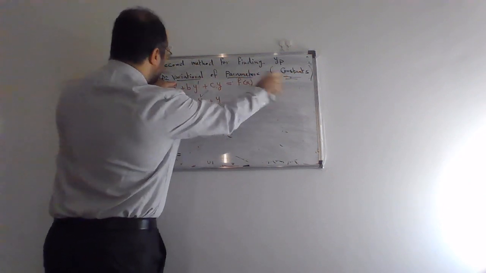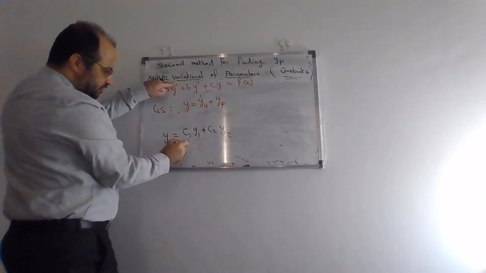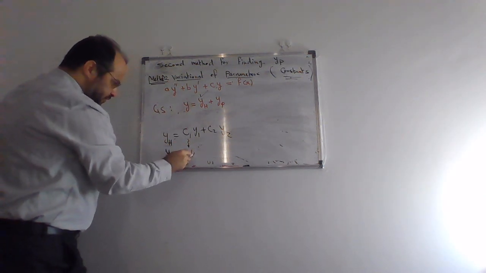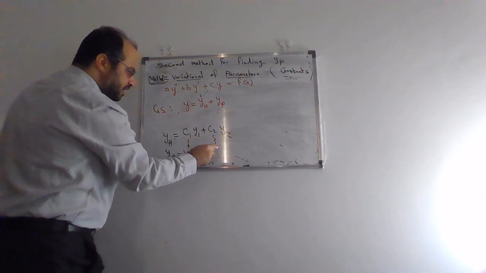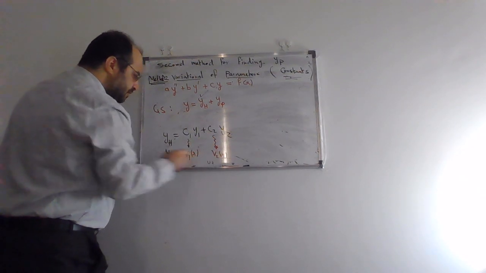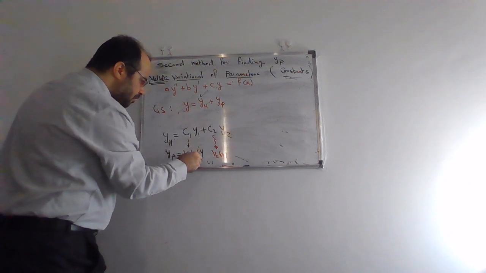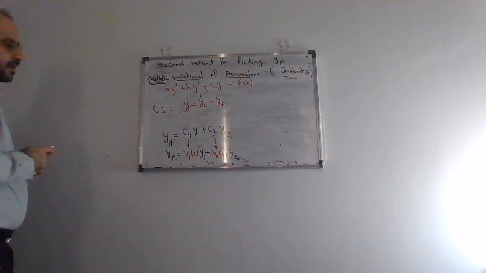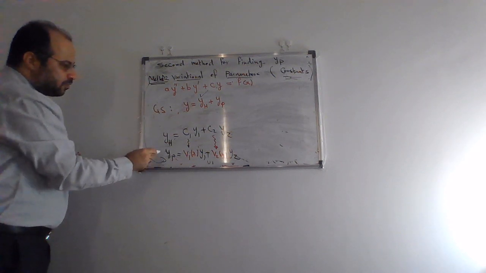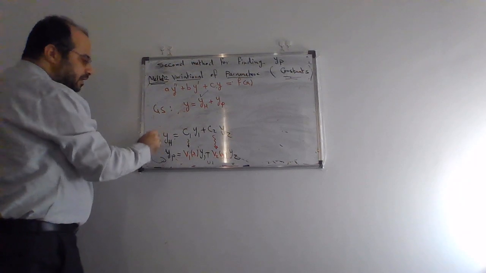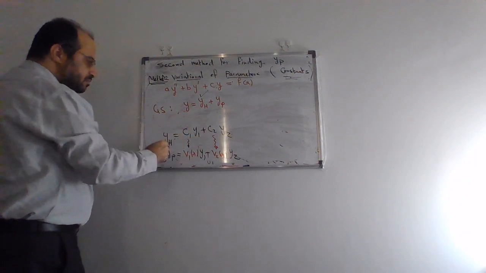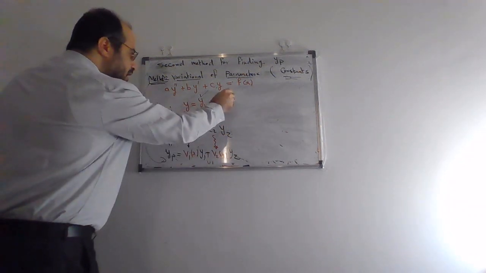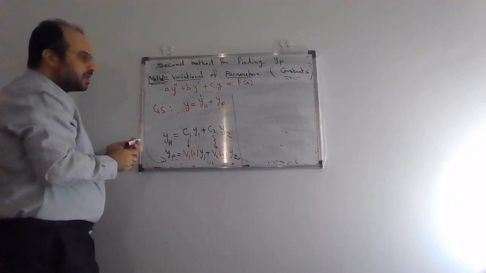I'm going to change c1 to a function, which I will call v1 of x, and change c2 to v2 of x, and then here you have y1 and y2 again. So y particular is built in almost the same way as the homogeneous, except the constants are changed to functions.